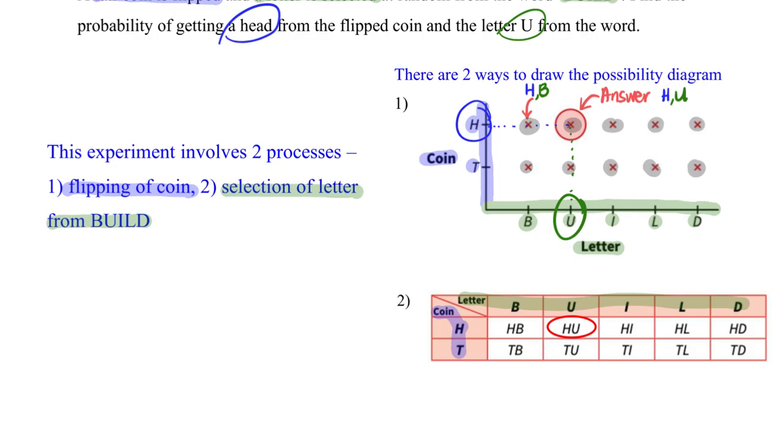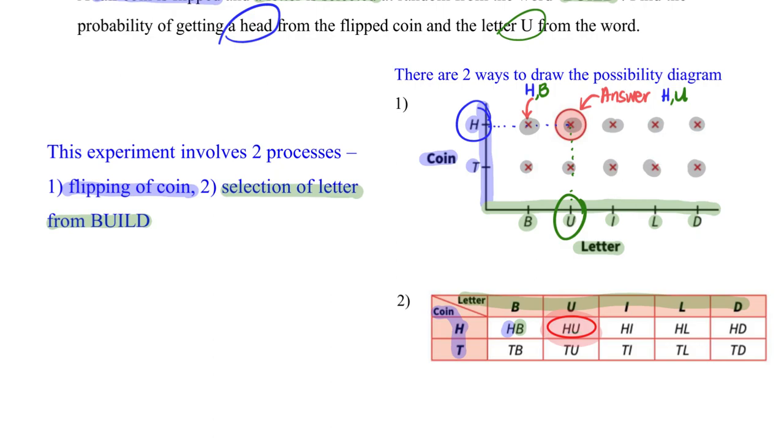Then you will see this represents getting a head, selecting the letter B. So I repeat again, this is getting a head, selecting the letter U, and that happens to be our answer. Again, you can see it is 1 out of 10.